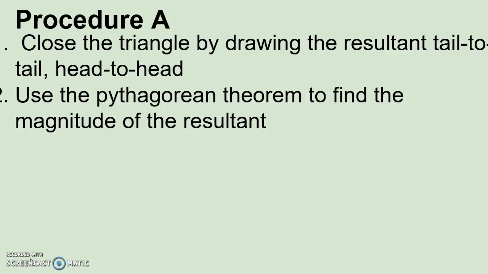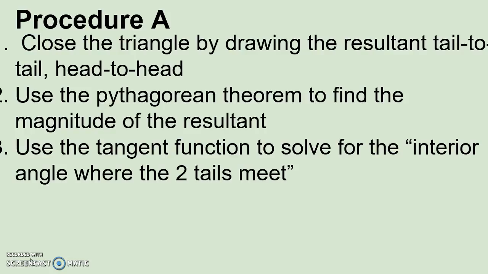Please recall the naming convention that we have and we've passed around in our handout that addresses how to name the sides and angles in a triangle. Then we would use the tangent function to solve for the interior angle where the two tails meet.